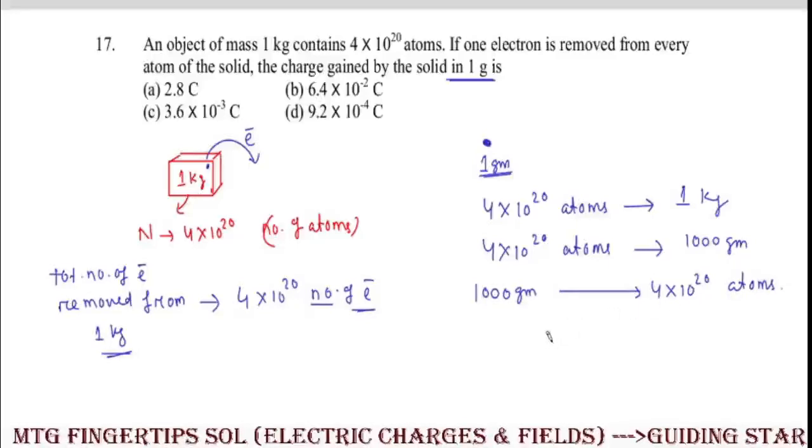Clear? So then 1 gram of the given block will contain how many atoms? 4 into 10 to the power 20 divided by 1000. So it will be 4 into 10 to the power 17 atoms.